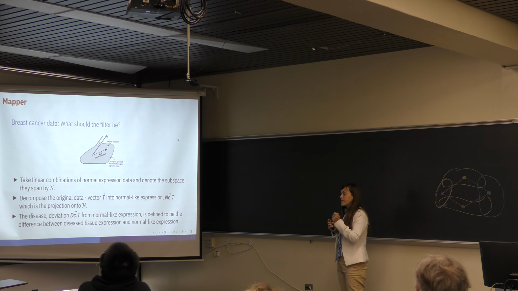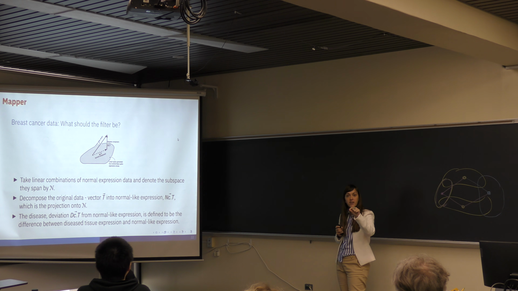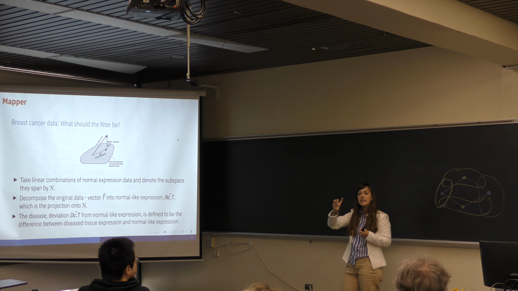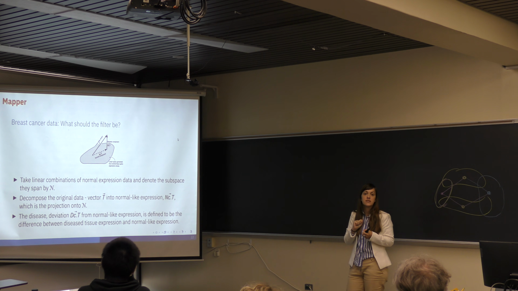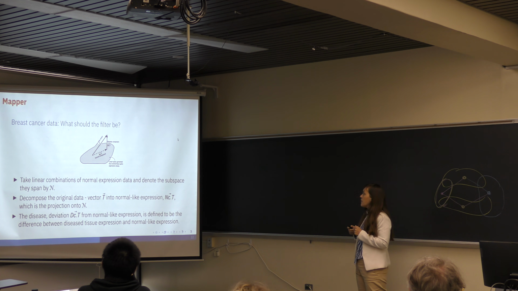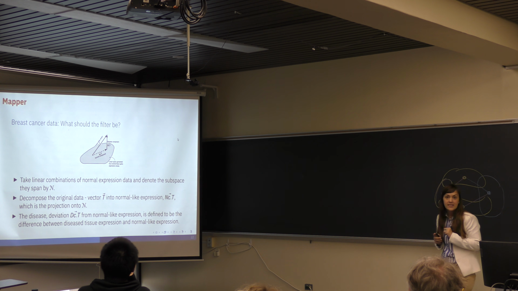And then for any other patient represented by a vector, how would you measure deviation from being healthy? One way is just to take the distance to this subspace spanned by everyone who is healthy. So that's what they used, this distance to the healthy subspace, as the filter function.